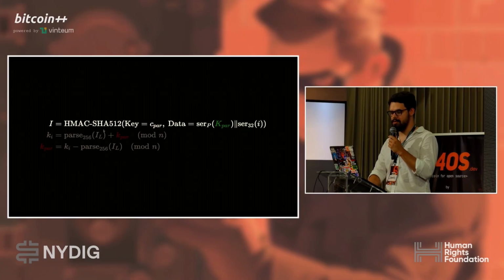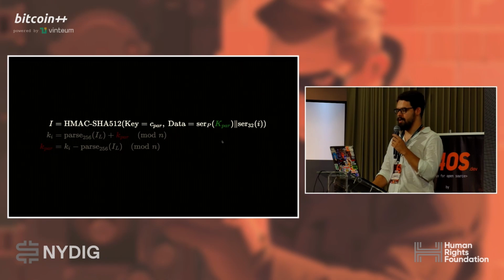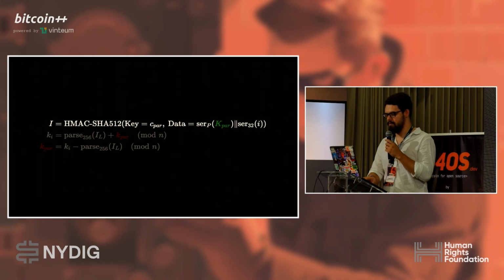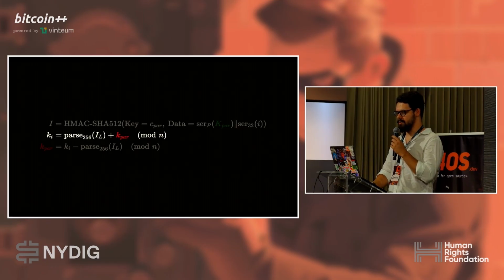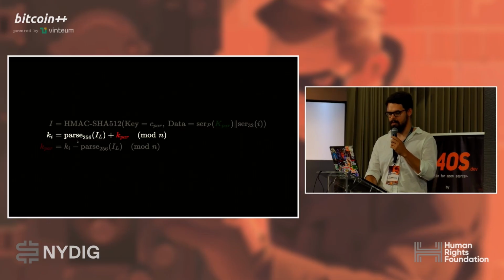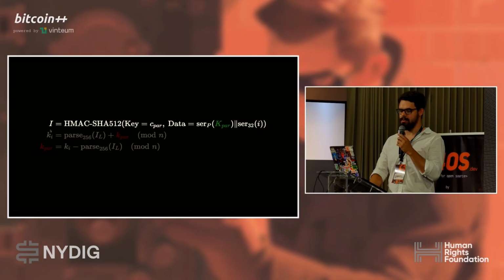It's an HMAC SHA-512, and the information that we use here is your xpub, and then every single private key that is generated for every address that you have on that wallet is this. Your private key is the result of these 64 bytes, but we take only the left side of it.